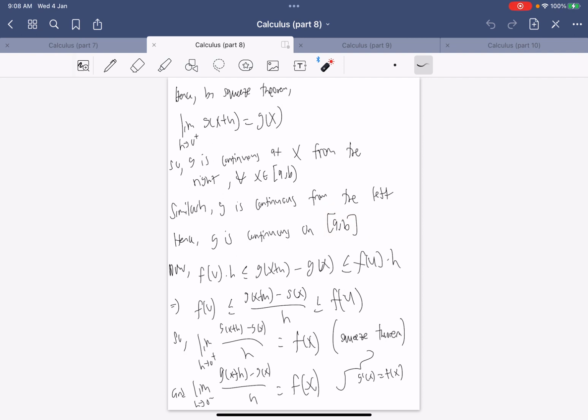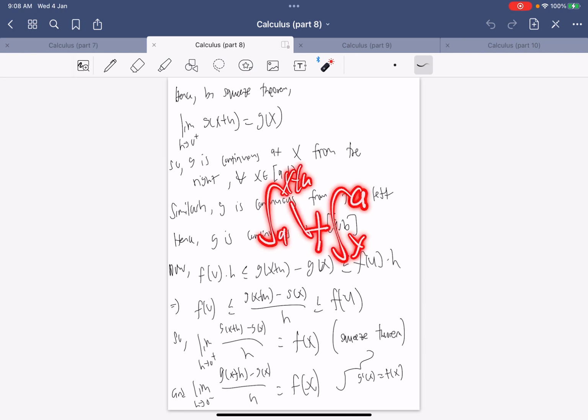In a very similar way, you want to prove that it's differentiable on the interior. You can just take g(x plus h) minus g(x), and this will just be actually the integral from a to x plus h, and the other one is minus the integral from a to x, which is actually just plus x to a, so a to x plus h.